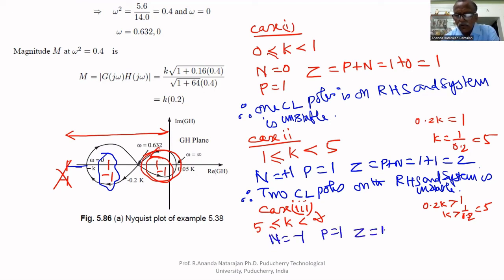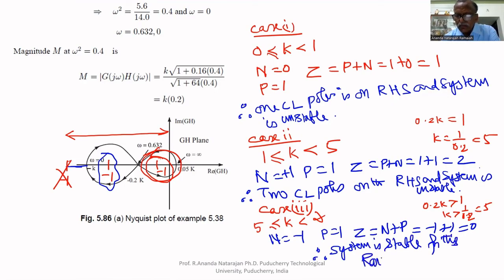Therefore, Z equal to N plus P, that is equal to minus 1 plus 1 equal to 0. Therefore, the system is stable for this range of K. That's all about this.